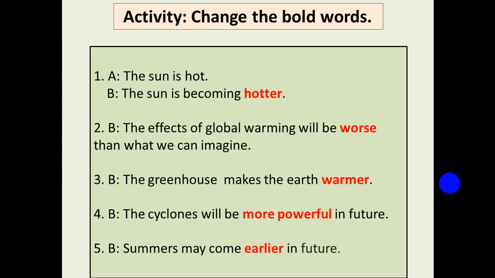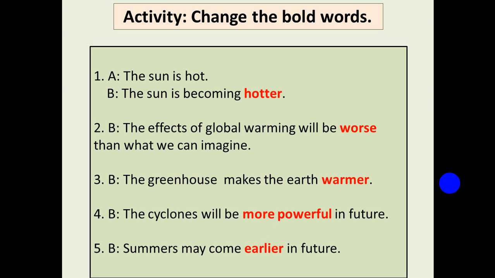Here is another activity. Change the bold words. Number 1. The sun is hot. The sun is becoming hotter. Number 2. The effects of global warming will be worse than what we can imagine. Number 3.